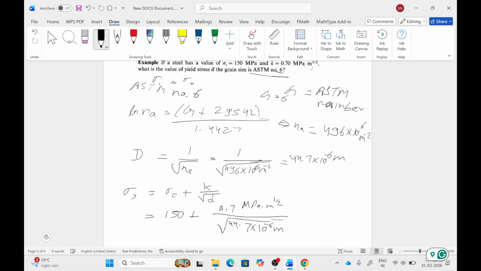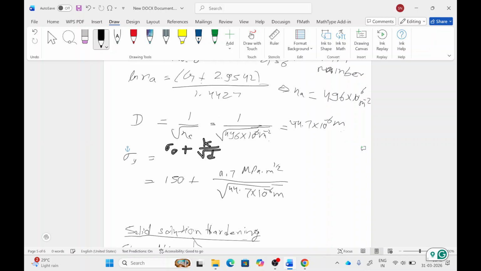So this will give 150 plus 104.3 MPa. So the final yield strength will be 254.3 MPa.